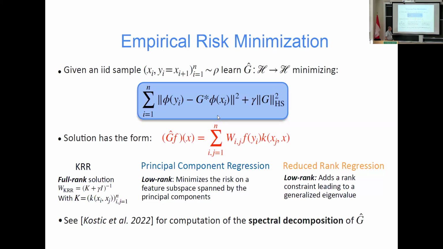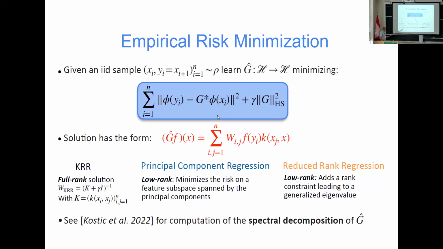If we don't add the rank constraint, in any case, since we have a finite number of data points, the estimator will be of rank at most n, where n is the sample size. Also, with some simple linear algebra, you can see what the form of the solution is. The solution, G hat, is the minimizer of this, either with the rank constraint or even with PCR, and the estimator is identified by an n times n matrix of coefficients.